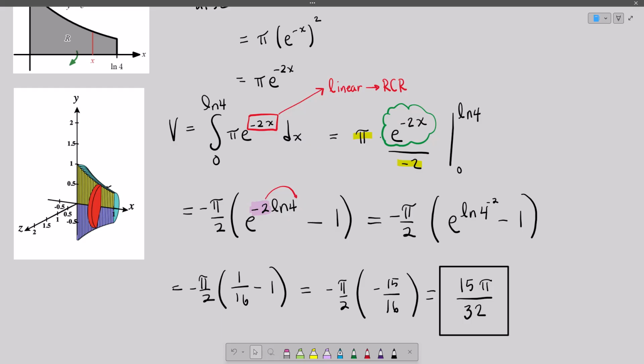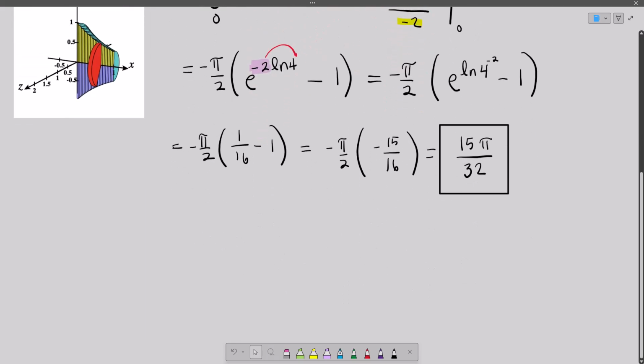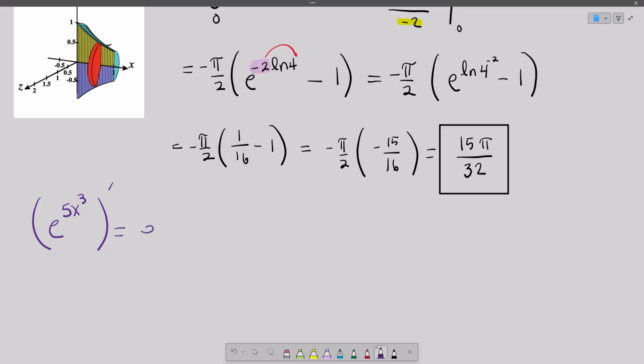The one caveat is that with the derivative chain rule, it doesn't matter how complicated the inside derivative is. Like if we have e to the 5x cubed, no problem. When you differentiate that, you get itself multiplied by the derivative of the exponent.